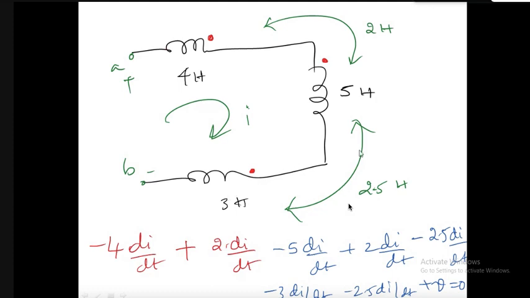As a result, the mutually induced EMF will support the self-induced EMF in the 5 Henry coil and the 3 Henry coil. Therefore, it is minus 5 di by dt, and will have the same direction, minus 2.5 di by dt. Coming back to the last coil, the self-induced EMF is minus 3 di by dt, and you will have some mutually induced EMF due to the mutual inductance, that is minus 2.5 di by dt.